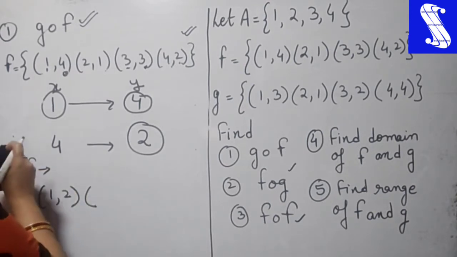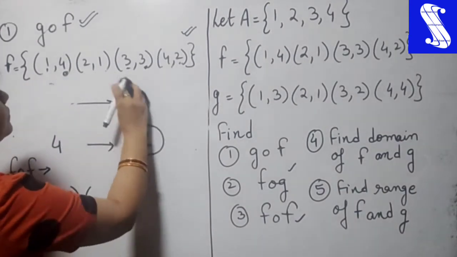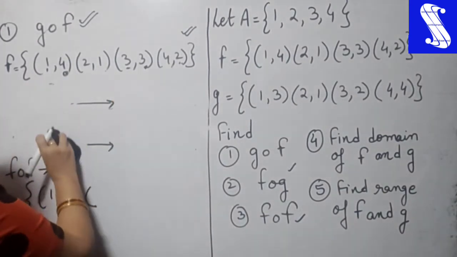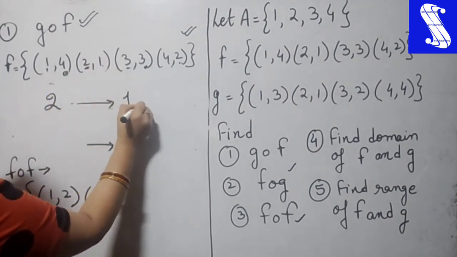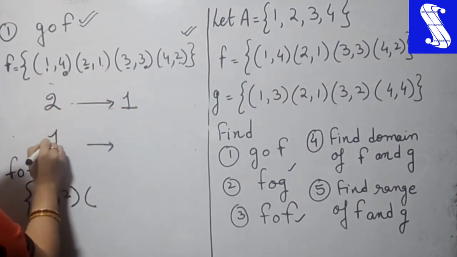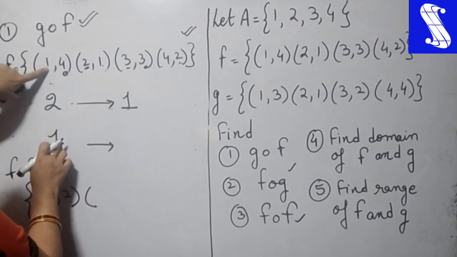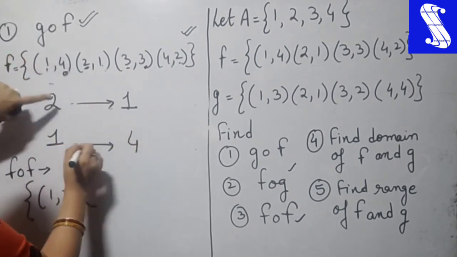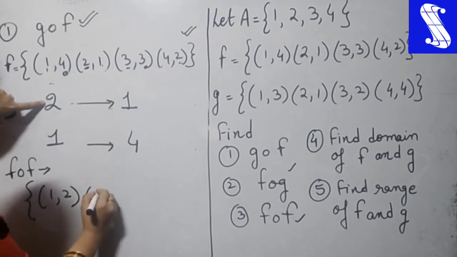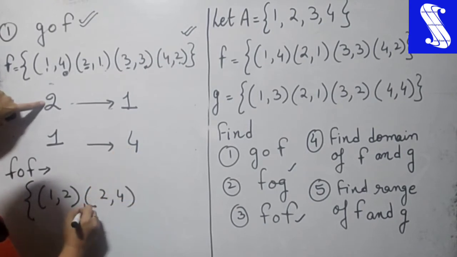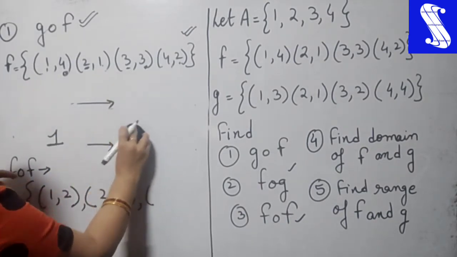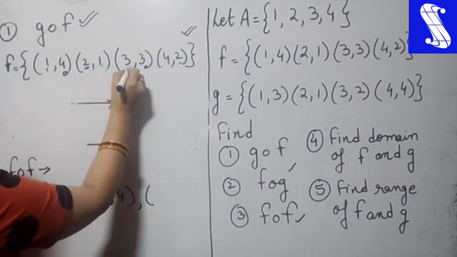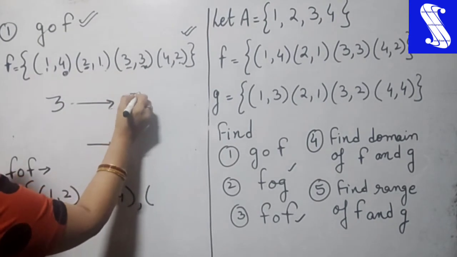Now next one. See here, it is 2. Its value is 1. Now make it 1 over here. The value of 1 is 4. So write 2 and 4. I think the concept is now more clear to you. Now next one, it is 3. Its answer is 3.